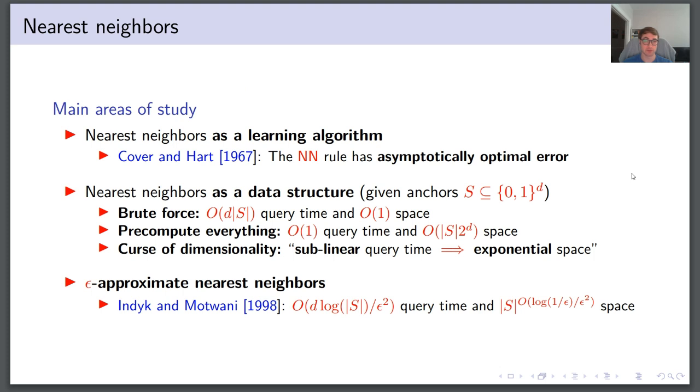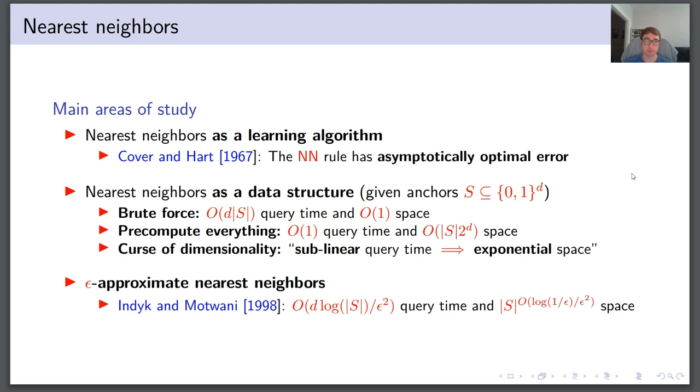So we have two very obvious extremes here, which is the brute force solution, where we just don't store anything and iterate over the entire data set every time. And we also have the opposite extreme, where we just store every possible query in a lookup table and get constant query time, but need exponential space. And it's actually conjectured that nearest neighbors suffers from what's called the curse of dimensionality, where any sublinear query time would imply exponential space usage.